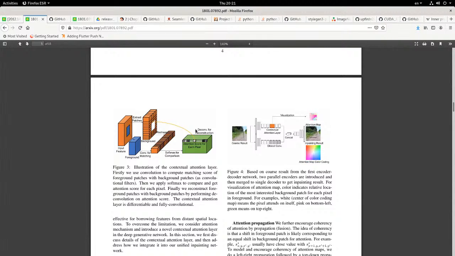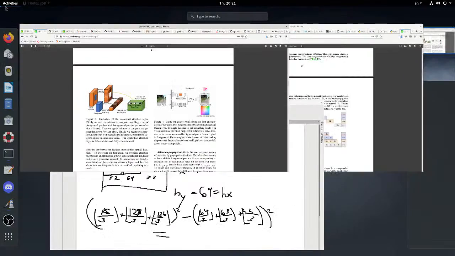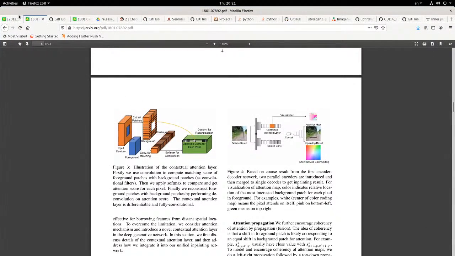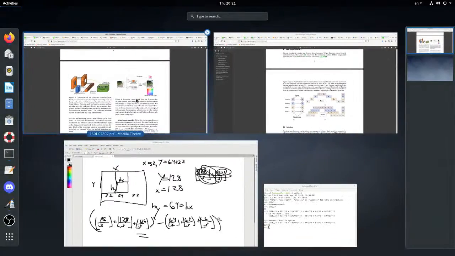I guess maybe I should just look at the implementation, because I really do want to understand it. I mean, this is like the state of the art as far as I know. I'll just look it up.